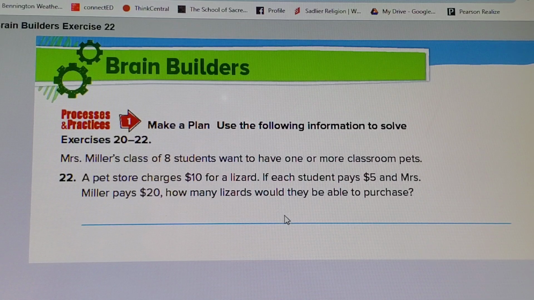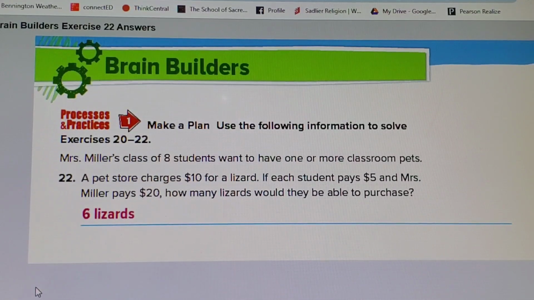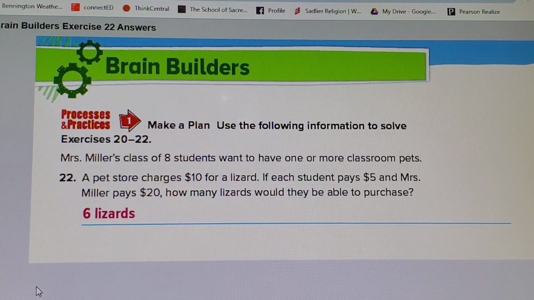So blank or unknown times $10 equals $60. That will tell you how many lizards they can purchase. And they can purchase 6 lizards because 6 times $10 equals $60. You could also divide and say $60 divided by $10 equals 6 lizards.